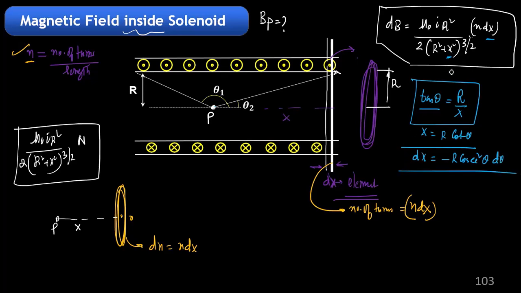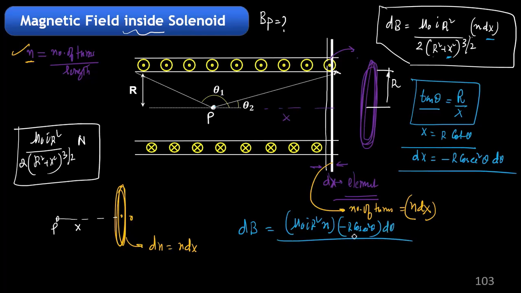If I put x equals R cot theta, in the denominator it will become R square plus R square cot square theta. So 1 plus cot square theta is cosec square theta. So finally dB that I am getting is equal to mu naught into I into capital R square into small n into dx, where dx equals minus R cosec square theta d theta.